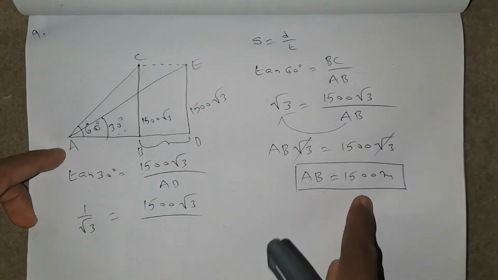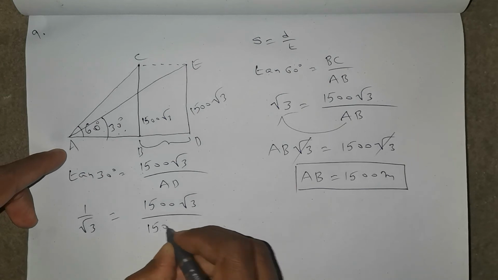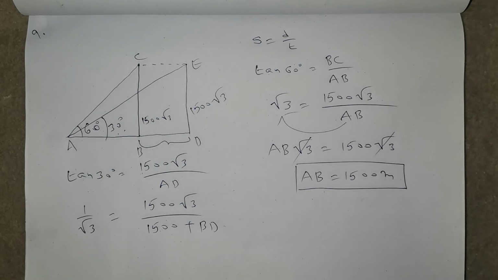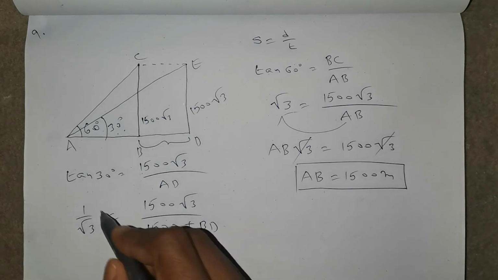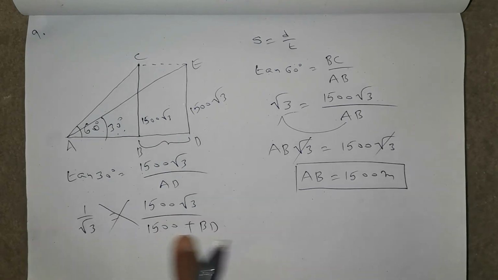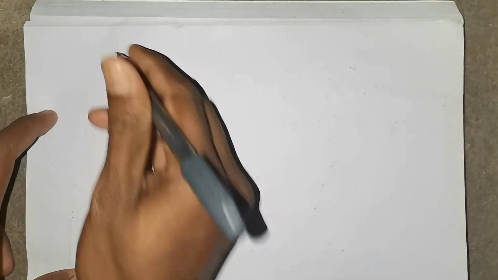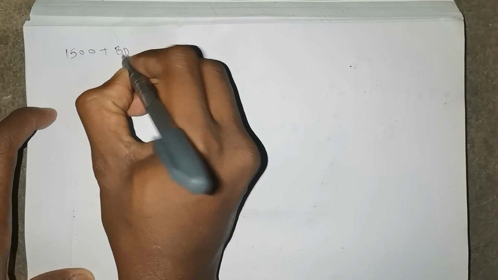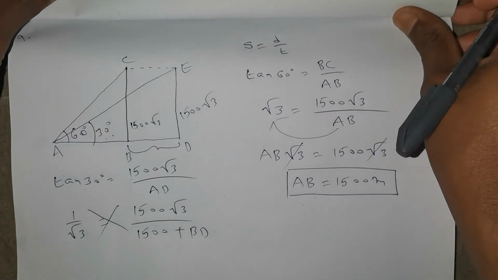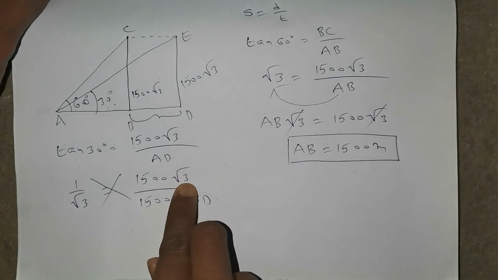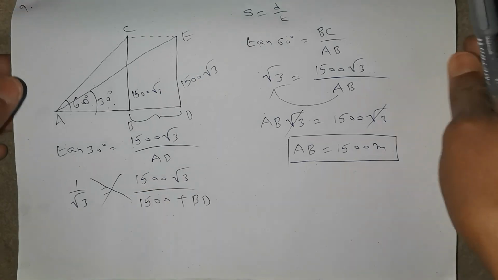AB value we already know is 1500, plus BD. I'll do cross multiplication. 1500 plus BD into 1, 1500 plus BD is equal to root 3 into root 3, 3 into 1500, 4500.